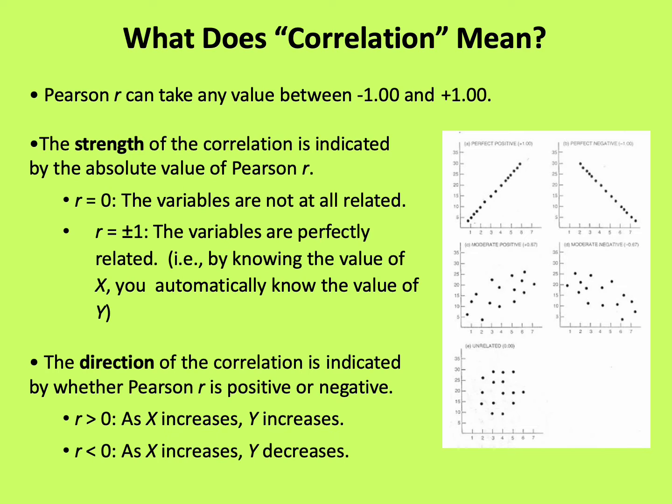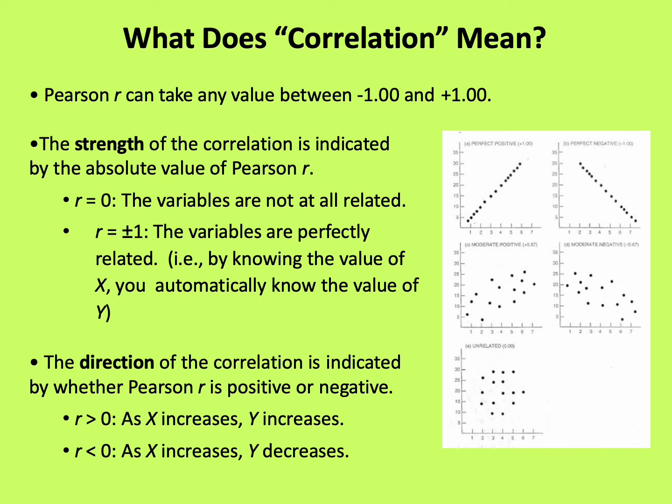So as variable x increases, y does the opposite, or vice versa. A classic example of a negative correlation is between depression and self-esteem: as your depression increases, your self-esteem decreases.